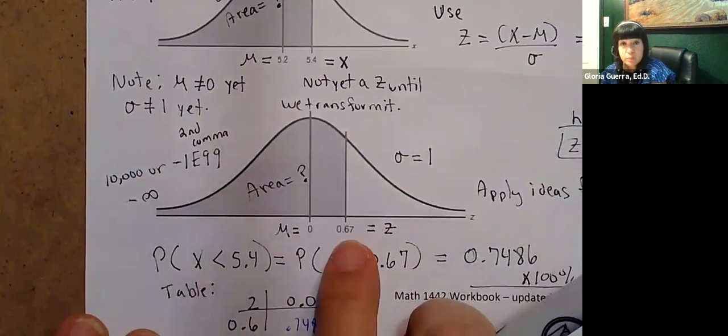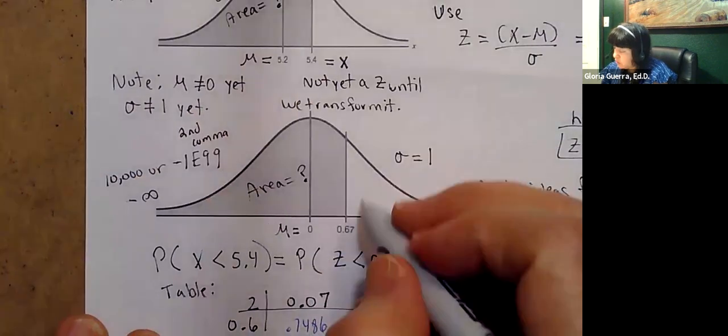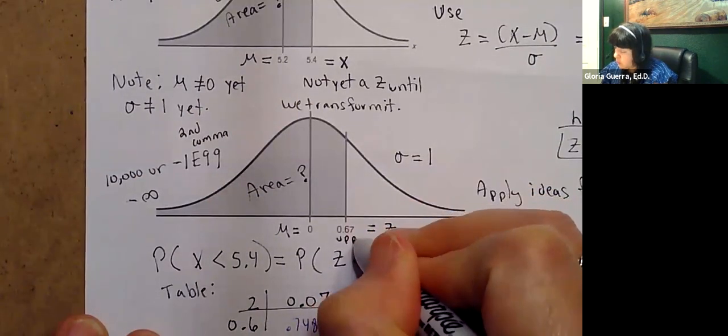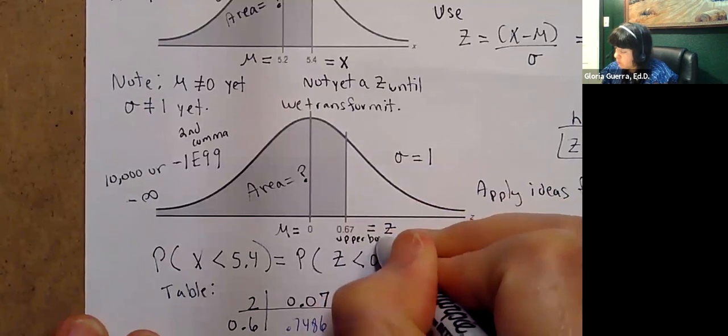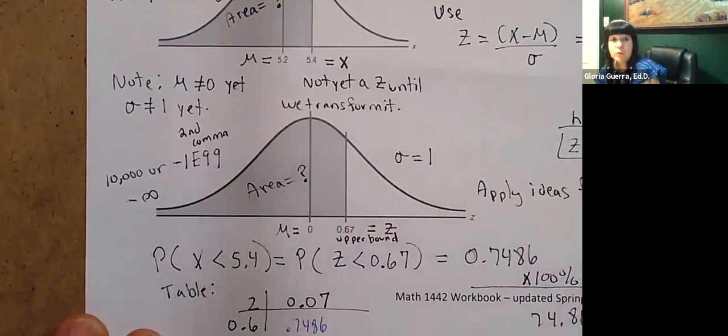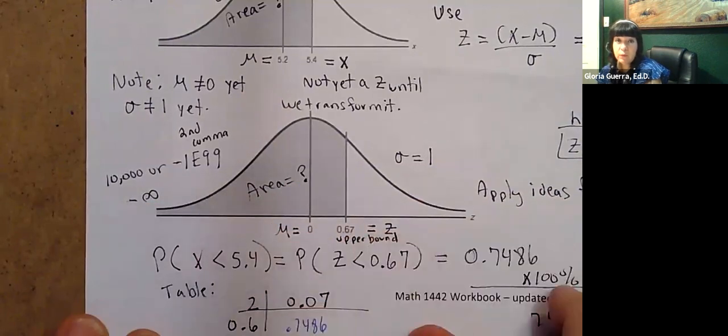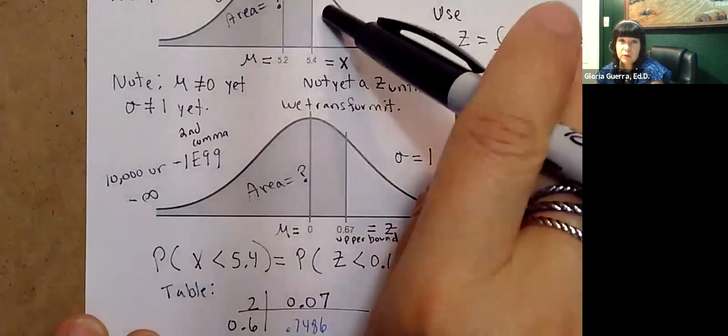So this 0.67, that's your upper bound. Okay, so you read it from left to right, lower bound, upper bound. And we don't even look at this anymore. Forget about that.